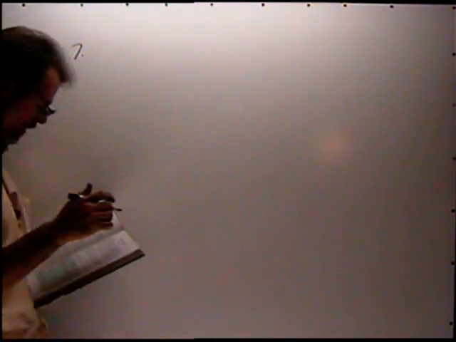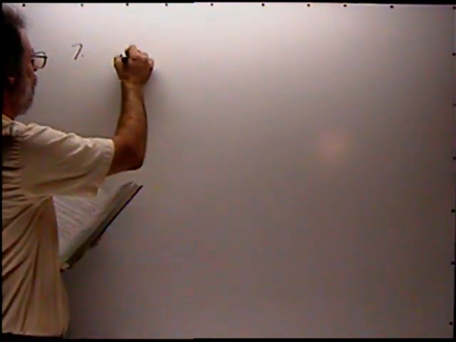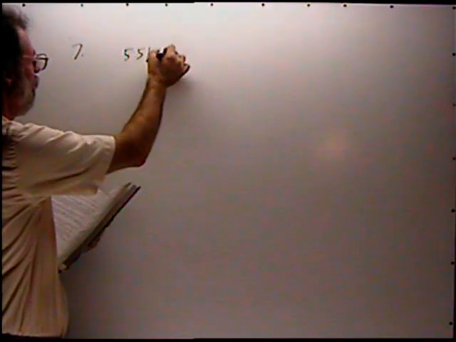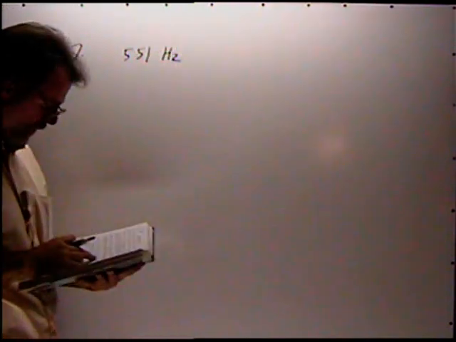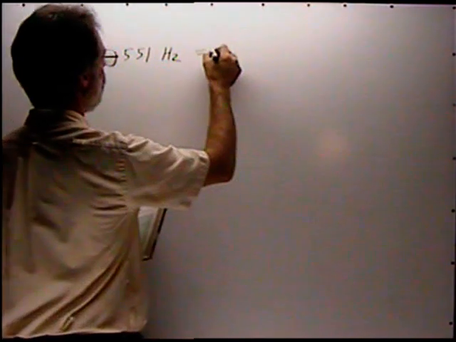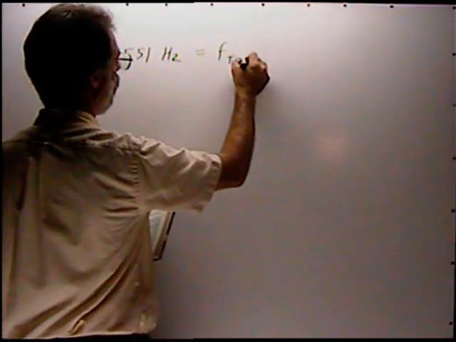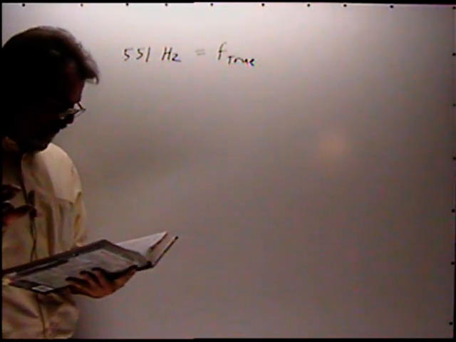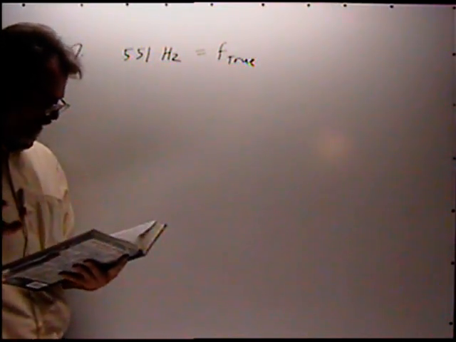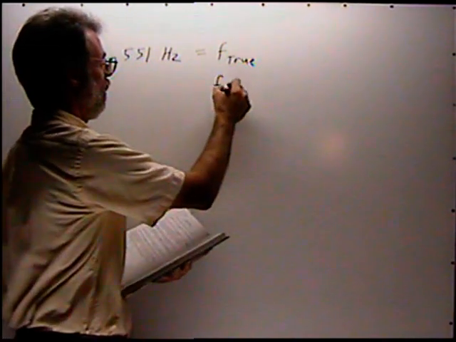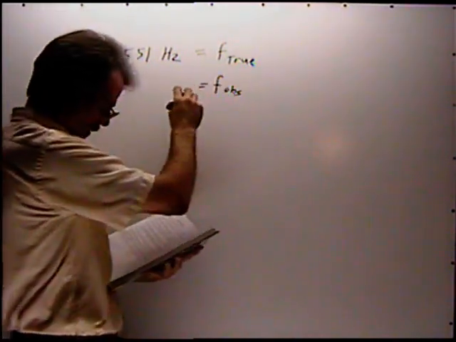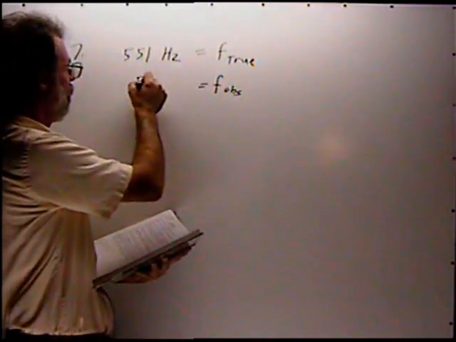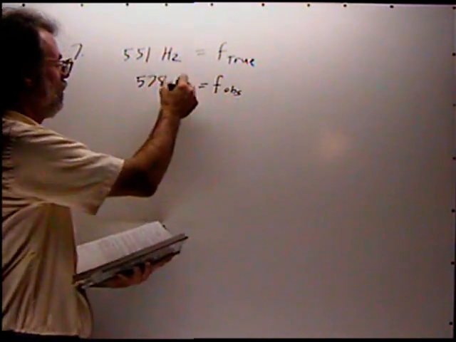A car's horn normally blows at a constant frequency of 551 hertz. So we might say, oh, that's probably F true. That's normally what it is. So that's the true frequency. You are standing in your yard and you hear the horn, but what you hear is 578 hertz.